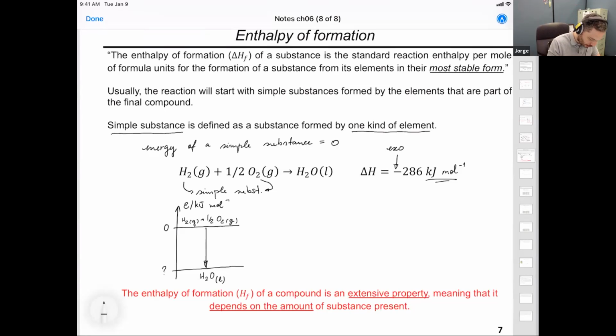However, we know that the delta H, which is the difference between the energy of the reagents and the energy of the products, is minus 286 kilojoules per mole.